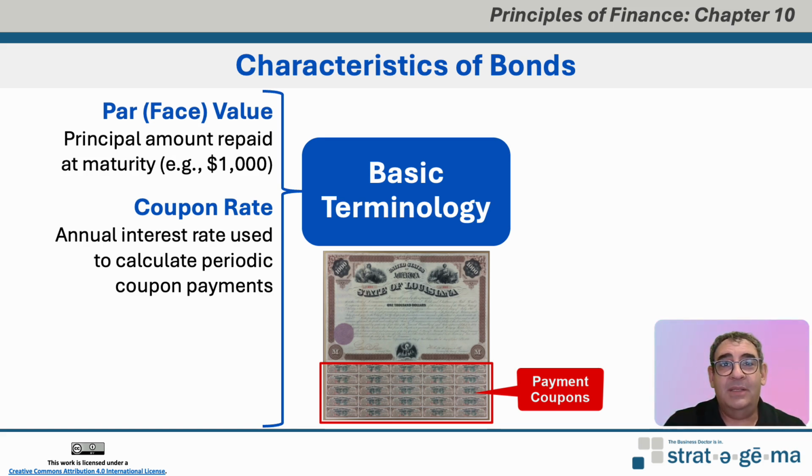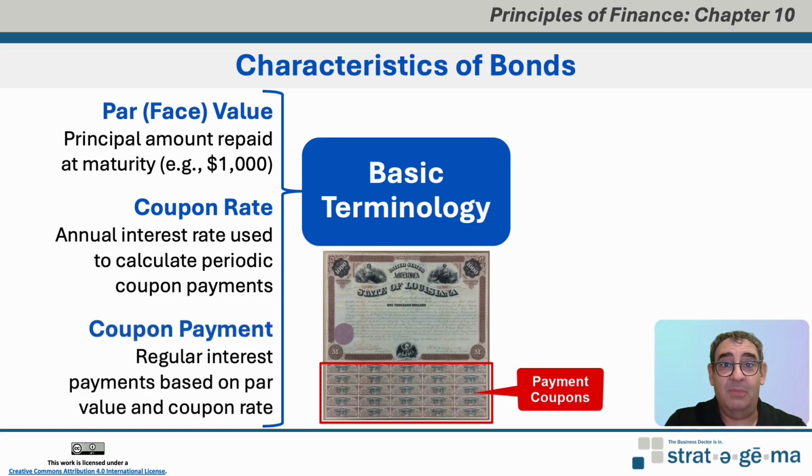So what would happen is, let's say your grandma invested in the state of Louisiana and bought a $1,000 bond. She would take that bond and she would go to the bank and she'd put it in her safety deposit box because she doesn't want to lose it. And then let's say that this is a semi-annual bond, so twice a year, she would go to her safety deposit box, open it up, and tear one of these little coupons, and then she would walk over to the teller, and she'd present the coupon, and the bank would pay her coupon payment or her interest payment.